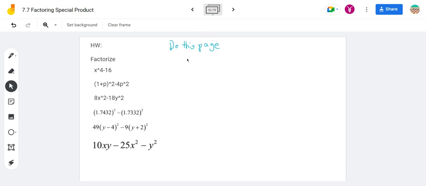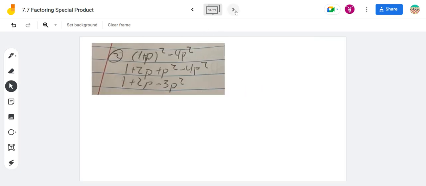So for this question 2, to factorize this one, we can view 1 plus p square minus 2p square as the form of the formula a square minus b square, right? So it can be written as a plus b times a minus b. So this one is the a, this one is the b.